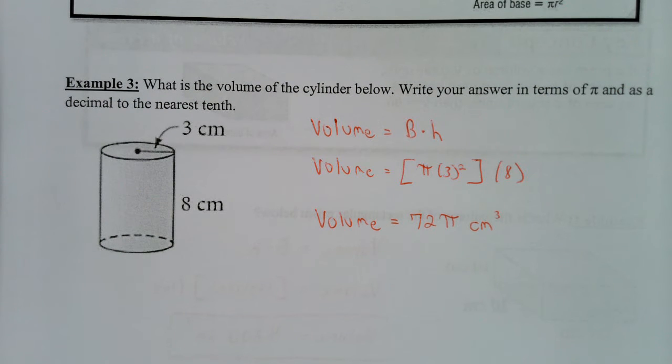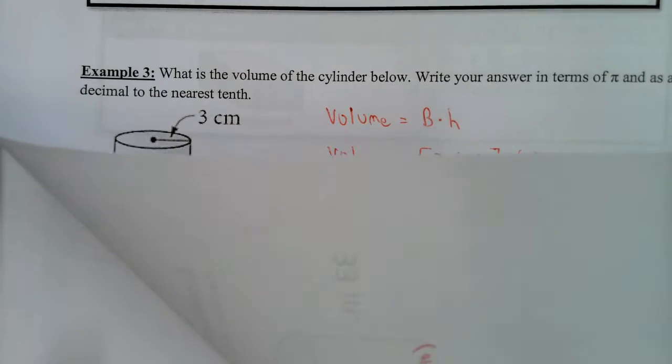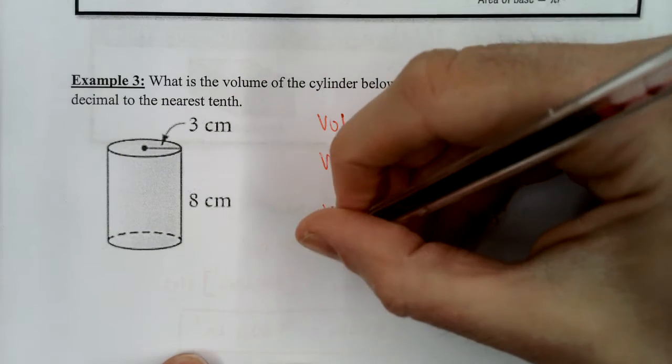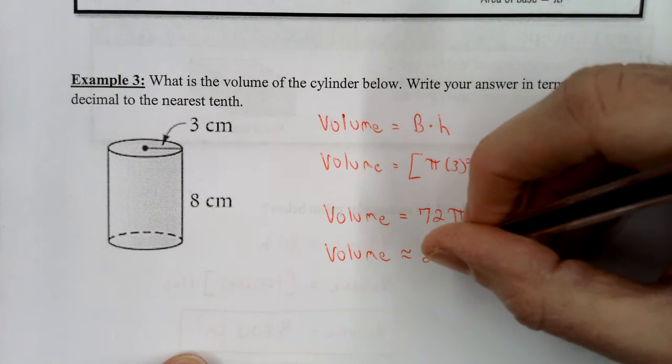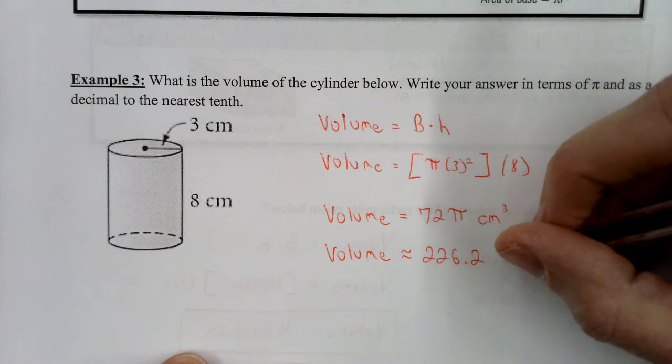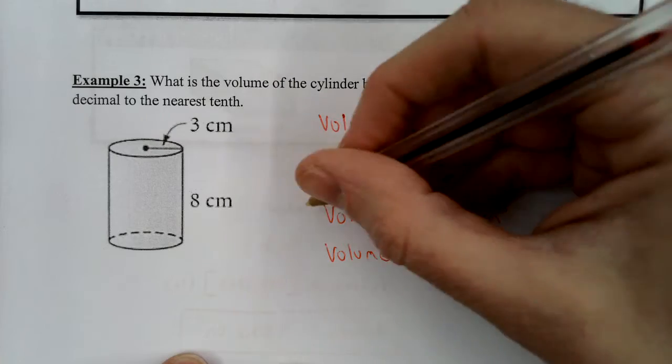It said to give your answer in terms of pi, and it said to give our answer as a decimal. So if you multiply that out, you get 226.2. Centimeters cubed.